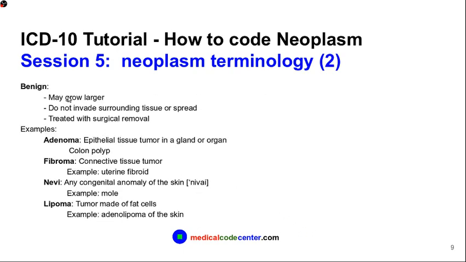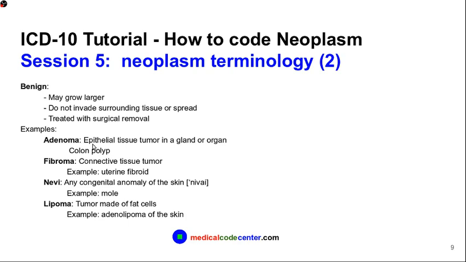Benign neoplasm means the neoplasm can grow larger, but it does not invade surrounding tissues or spread. So this benign neoplasm can be treated with surgical removal. There are some examples here for the benign neoplasm, like adenoma.